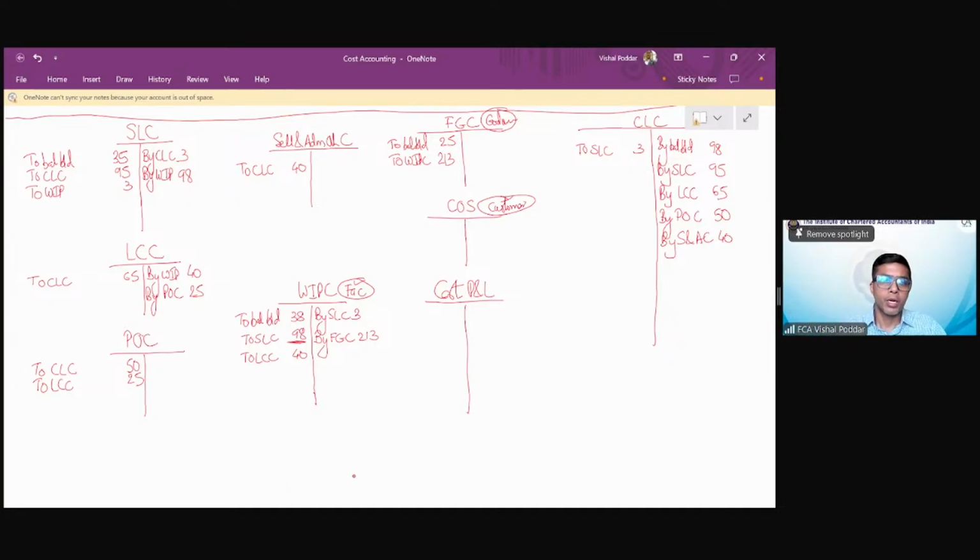So until production is going on, all expenses of production are debited or charged here. Once the production is complete, the value of finished goods will be transferred physically, because the goods are also moving. If you visualize in a factory, the finished goods are completed and they are being moved to the stores or the godown. So that is where you are also moving the amount from your factory to the godown.